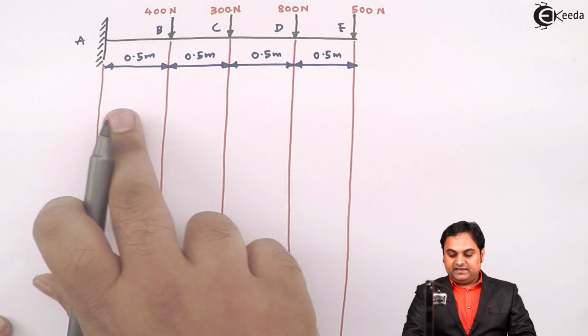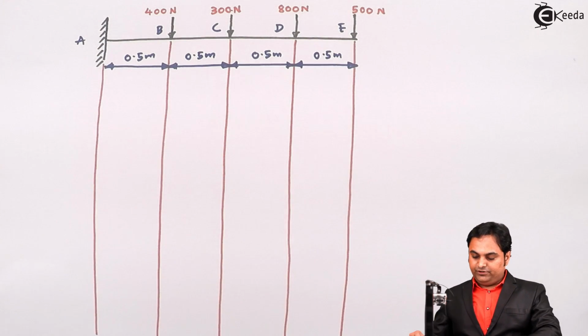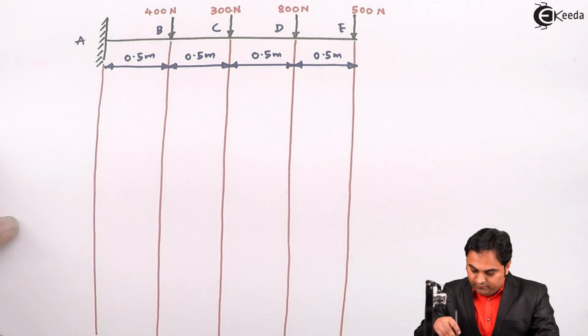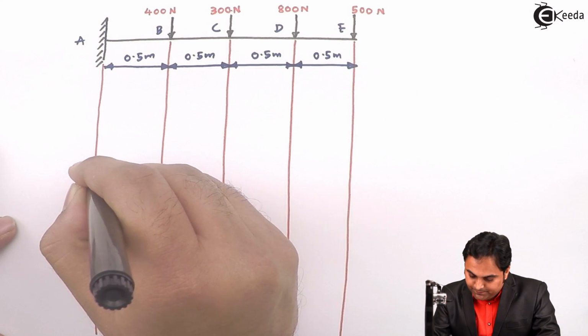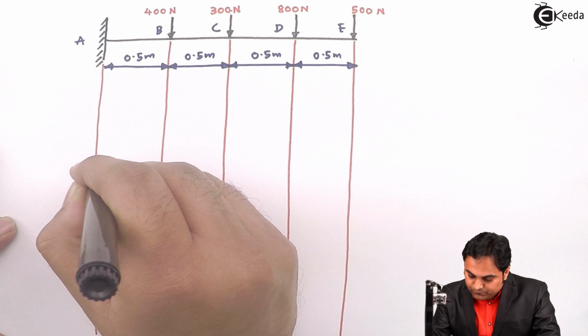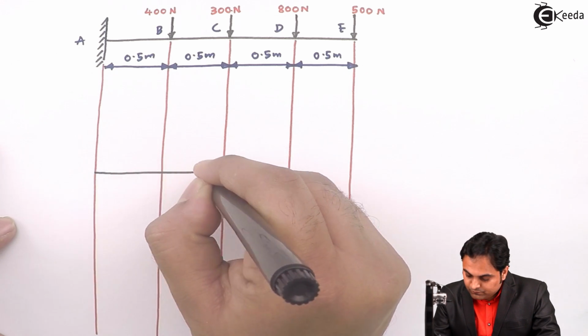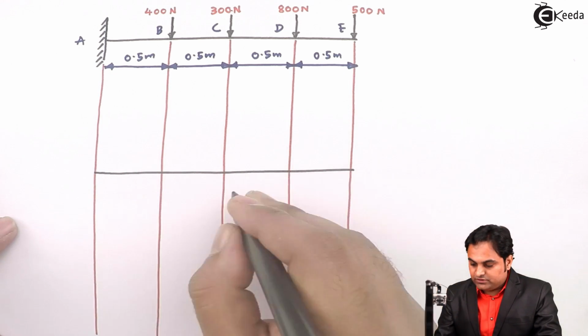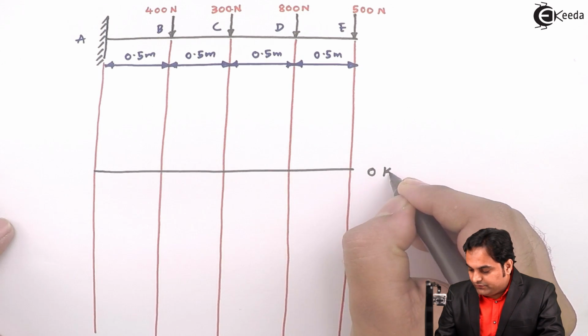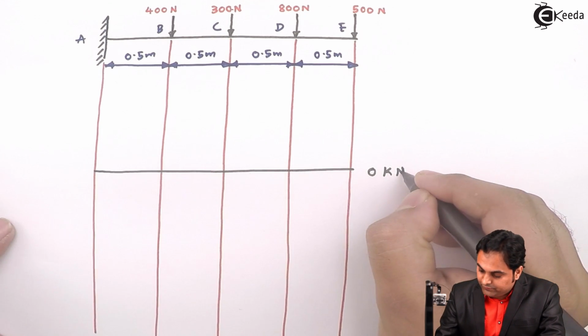Now, for this cantilever beam, I am drawing the shear force diagram. First, I will plot a horizontal line. This horizontal line indicates zero shear force, that is 0 kilonewton value.